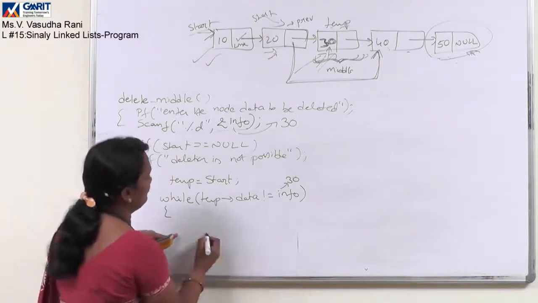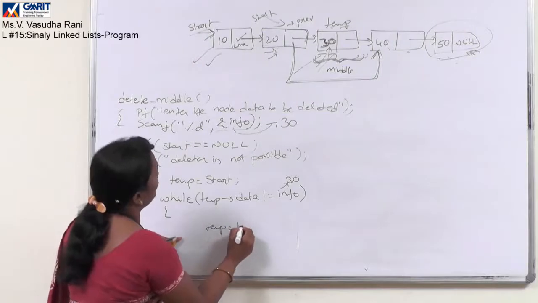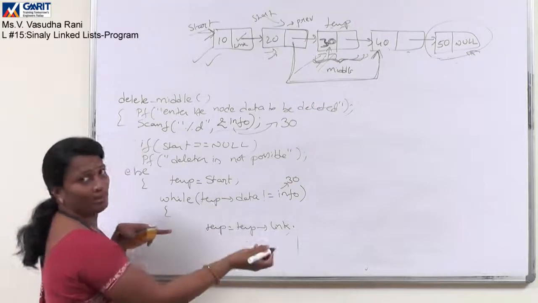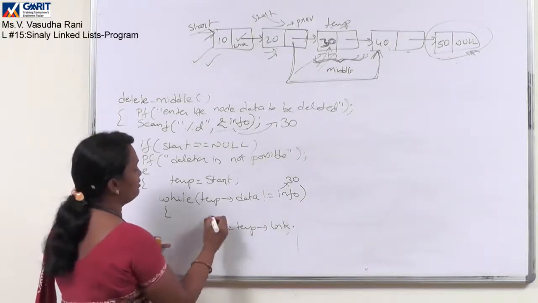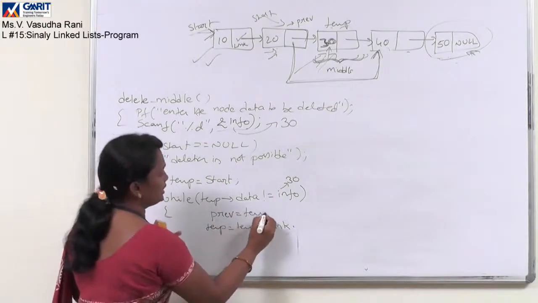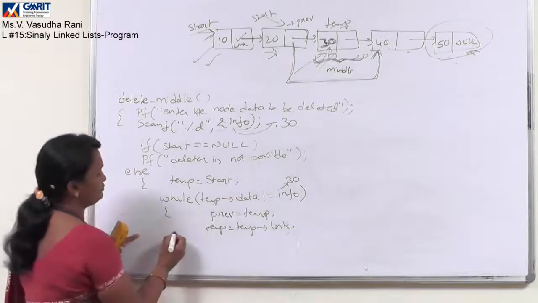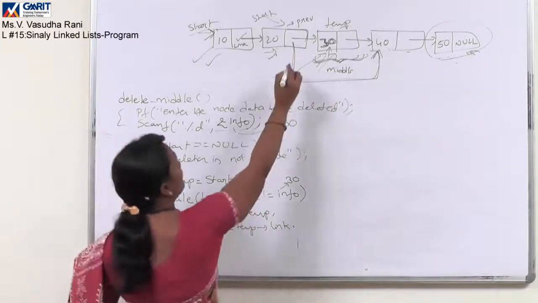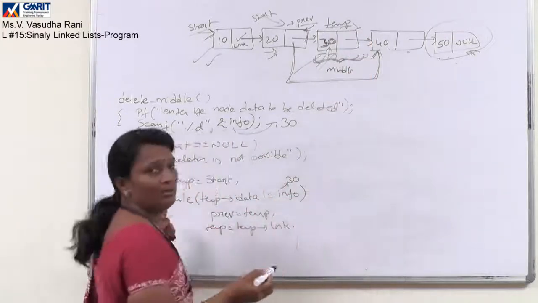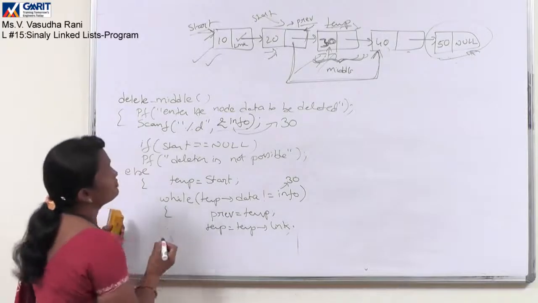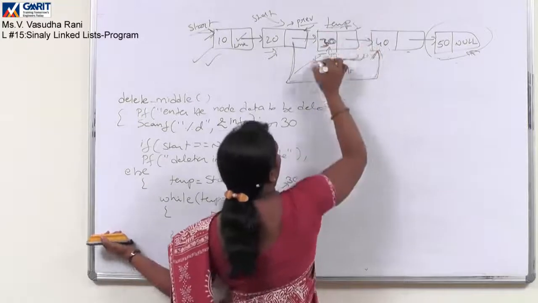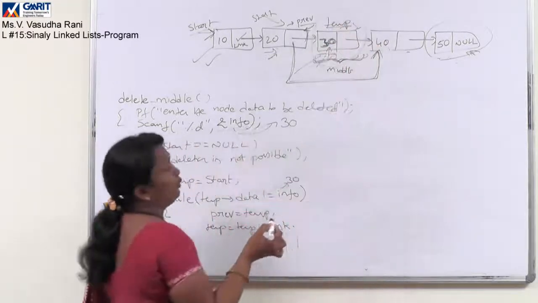For traversing, we are using the same statement, temp equal to temp link. But before doing this incrementation, we'll be defining the previous pointer with the particular temp. So with these two statements, we can identify this as the previous pointer and this particular temp is the current pointer.